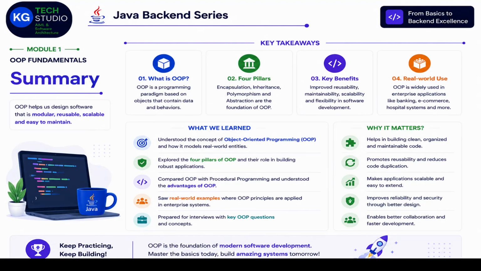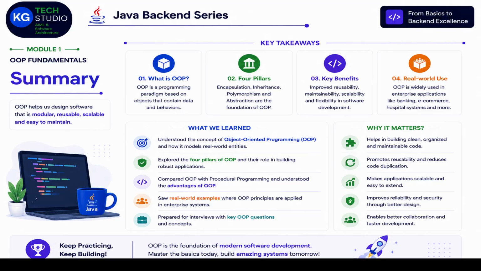Now if you talk about the summary, what we have discussed till now: we have discussed object oriented programming. We discussed the four pillars of object oriented programming. We have also seen the benefits of object oriented programming, like how we can achieve reusability, maintainability, right, scalability in the systems.